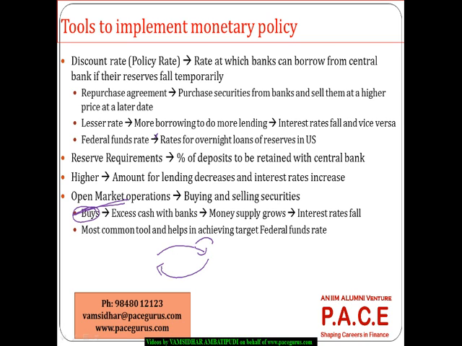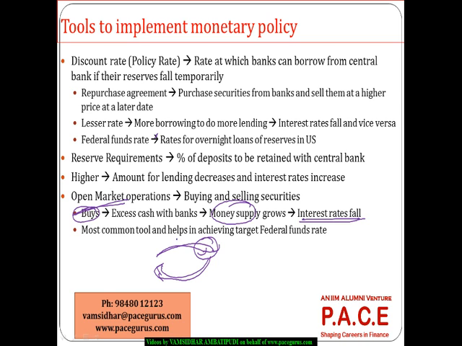Paying cash means the banking system is filled with cash, resulting in the money supply increasing, which results in the interest rates falling, and vice versa. If it is selling, it is giving away government securities and taking back the cash. Taking back the cash tightens the money supply, and a tightening money supply results in the interest rates going up.